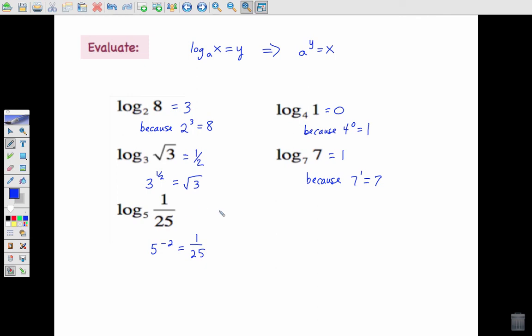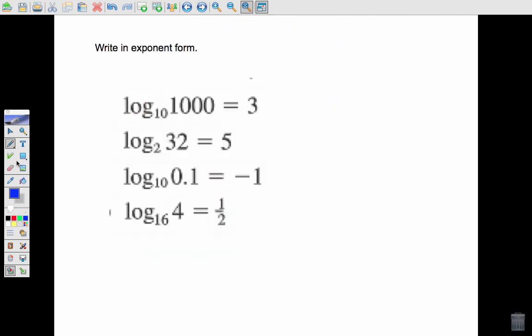So that means log base 5 of 1 over 25 equals -2. Right, and notice that all of these bases are greater than 0 and not equal to 1. That's one of the requirements for the log function. A has to be greater than 0 and a cannot equal 1.